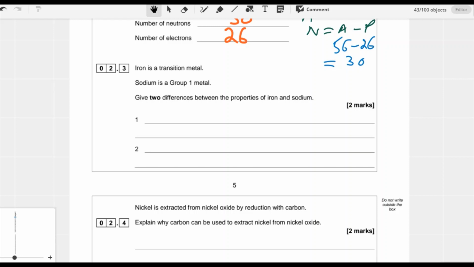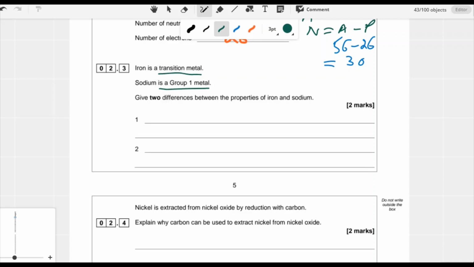Okay, next question 2.3. Iron is a transition metal. Sodium is a group 1 metal. Give two differences between the properties of iron and sodium. So as we know, iron is a transition metal and sodium is a group 1 metal.